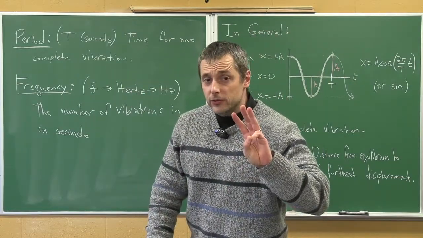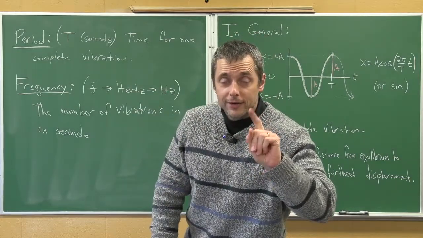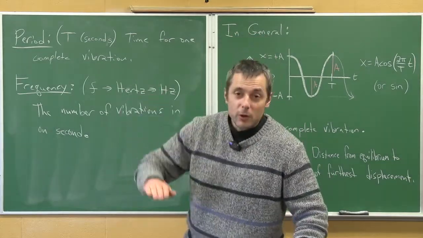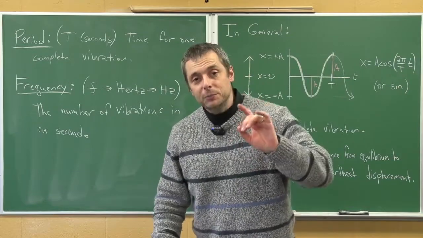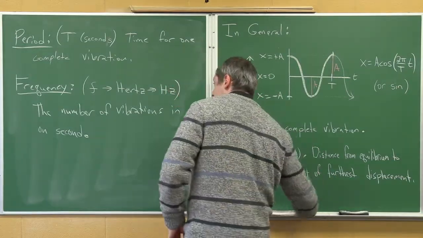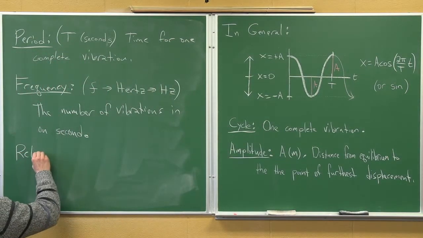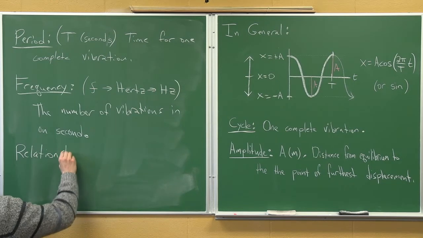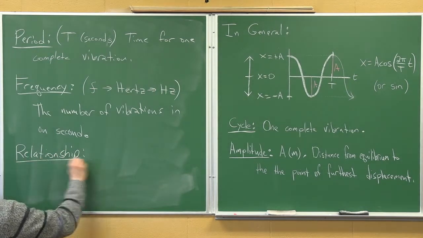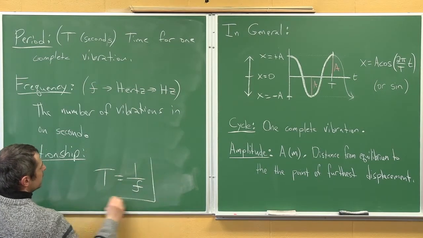If I had a frequency of 3 hertz, 3 vibrations in 1 second, what's the time for one? Well, if there are 3 of them in 1 second, each one must be 1/3 of a second. And so the relationship between these two variables is that the period is the reciprocal of the frequency.